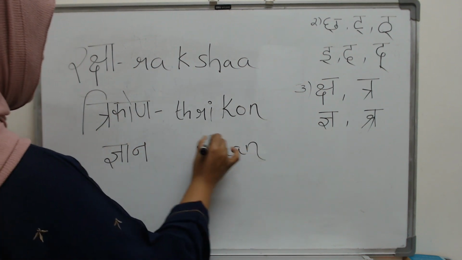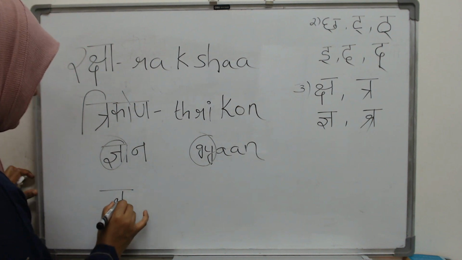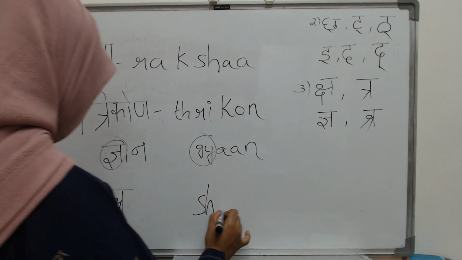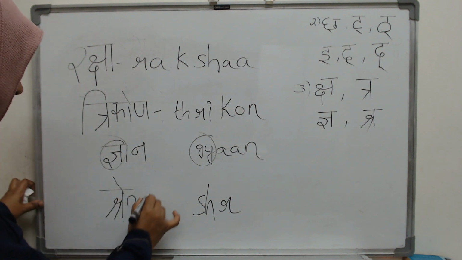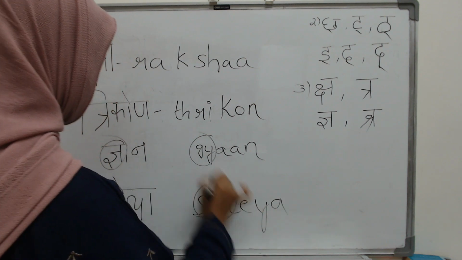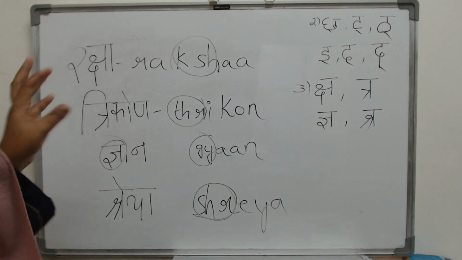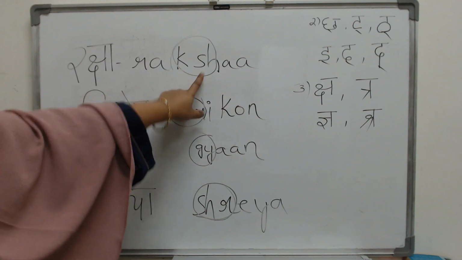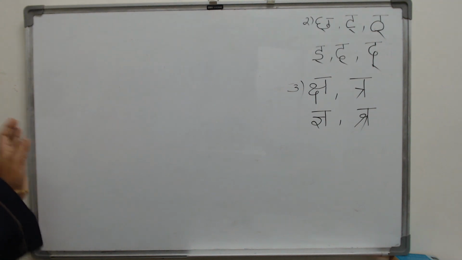And the last one is shra. Which two sounds do you hear? First a sh, then a ra, shreya. So these are called Sanyukt Akshar because it looks like one but gives you two sounds. Ksha, tra, gya, shra.